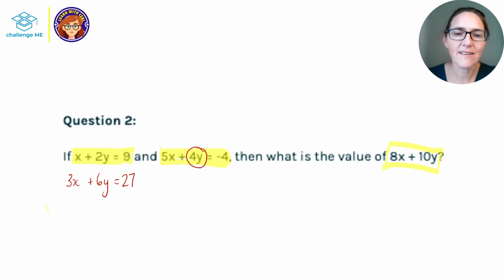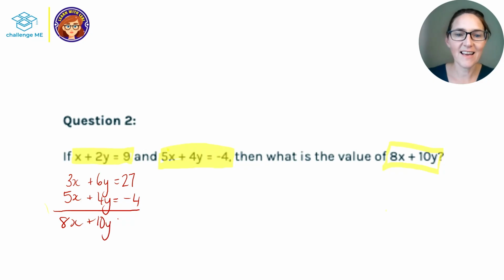We're going to take 3 of the first equation and add it to 1 of the second equation. Just write the second equation underneath the first there. Add them together. We've got 8x plus 10y, and the value of this, 27 plus negative 4, is going to be our solution. There we go.